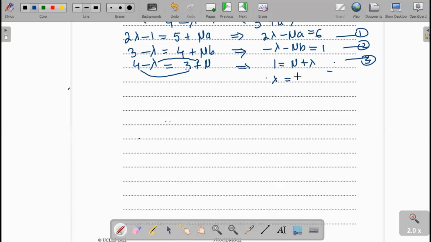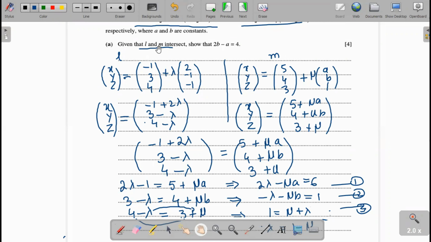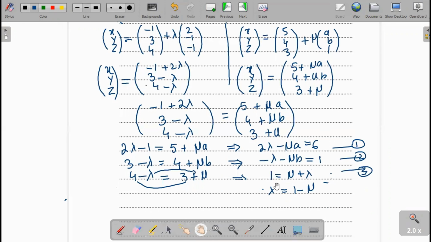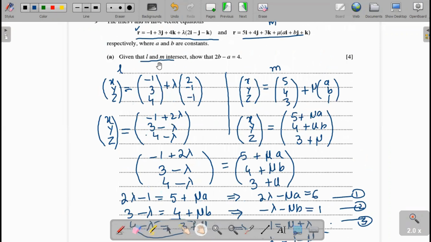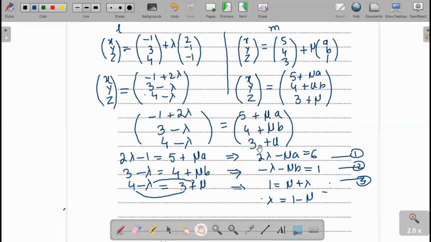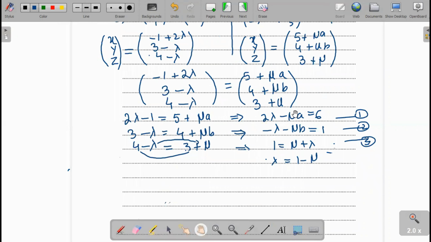Since the lines intersect, the value of lambda found from any equation, when put in the other equations, satisfies them. We can equalize because the lines are intersecting and the value of lambda satisfies both equations.